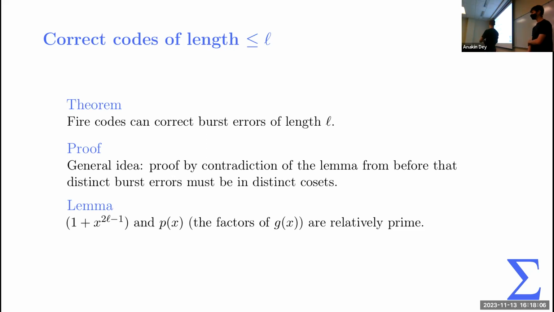Then we're going to show that those actually aren't distinct errors. If they're in the same coset, they must be the same error. We're just using this lemma here that the factors of G, these two, which is how we built our generator polynomial, are relatively prime. It's not super hard to prove, but I'm leaving that out just to save time.